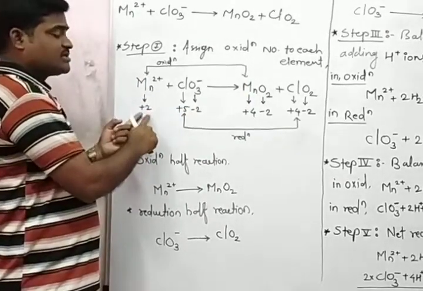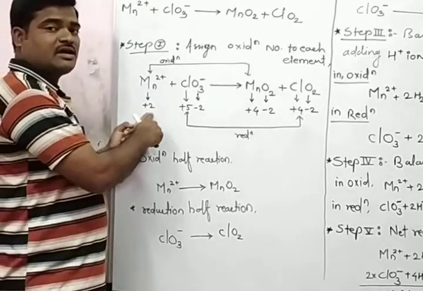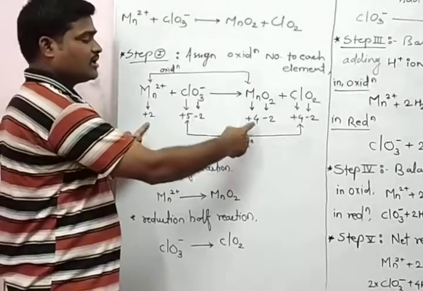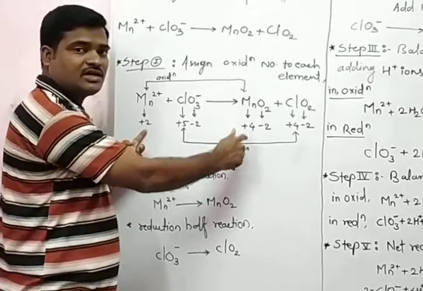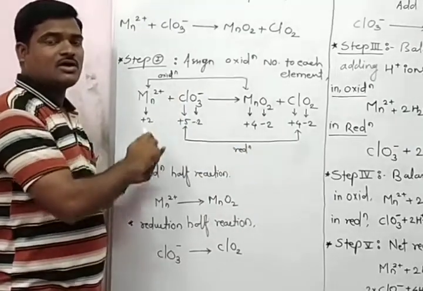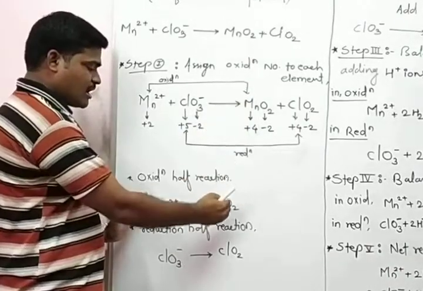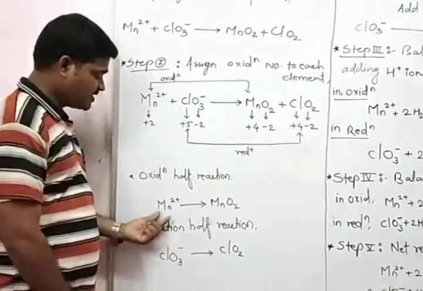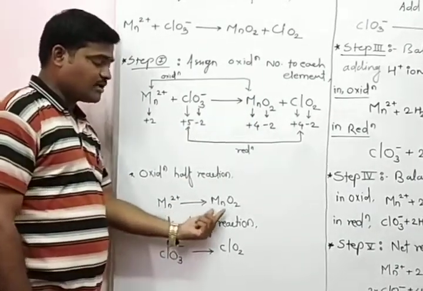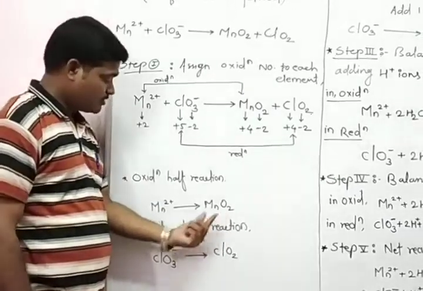The manganese which is present at the reactant side in +2 oxidation state converted into +4 oxidation state. It indicates that oxidation takes place. So this half reaction I have written here, that is Mn2+ is converted into MnO2.